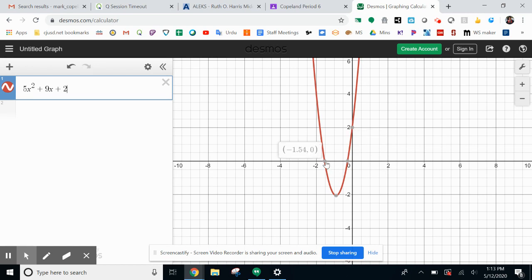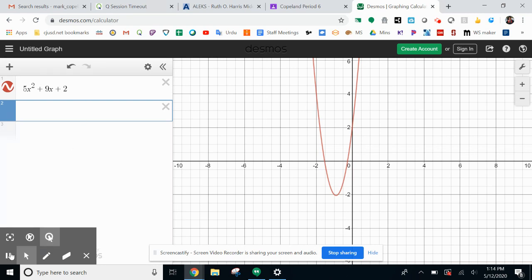Well, let's see. Looks like Desmos also is estimating to those decimal places. And if I take a look, our roots, where they cross the x-axis, are at these two different points. The 2 points that we found, negative 0.26, negative 1.54. With a quadratic equation, we need to use that on ones that don't necessarily find the graph in nice even spots.